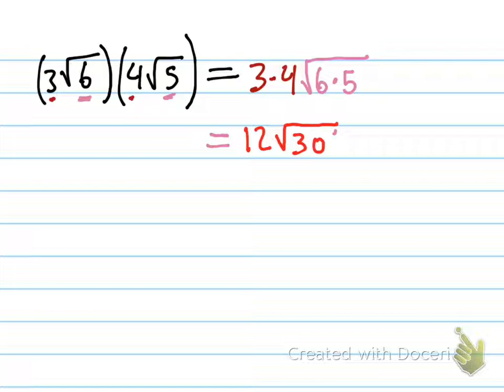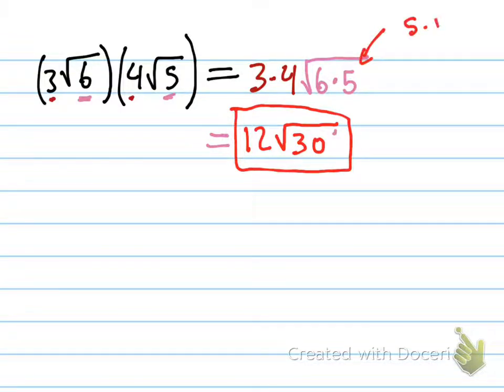Now, you'll know we're done because 6 is 3 times 2, and 5 is 5 times 1. You'll notice none of these numbers repeat. Since these are all prime numbers, there is no square of 30 to pull out. So we don't need to simplify any further. That's why that is our answer.